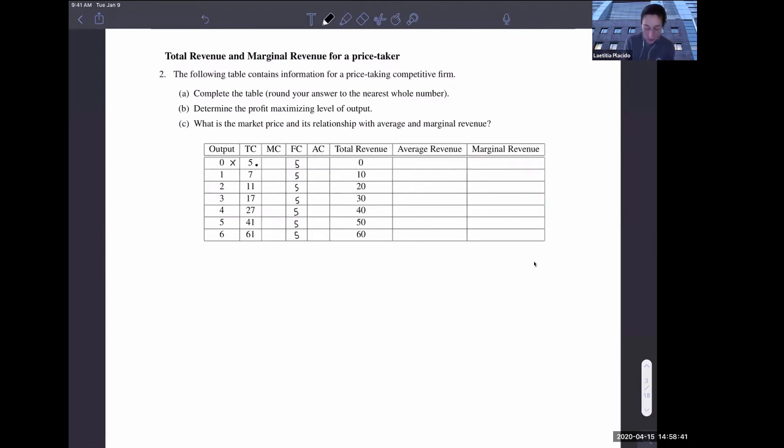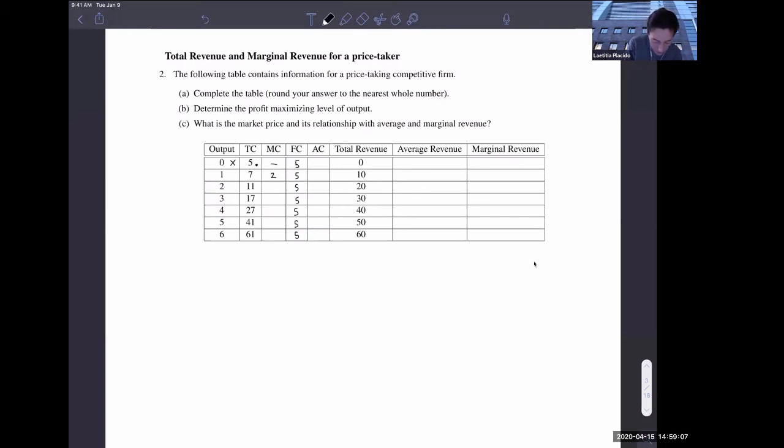Now we can fill in the marginal cost. The marginal cost is the incremental cost of producing 1 additional unit. When I produce 1 unit, my total cost moved from 5 to 7, so the incremental cost is 2.